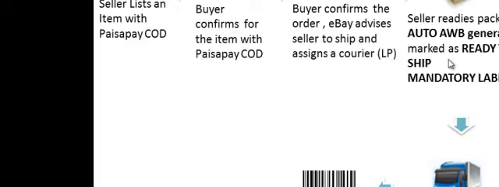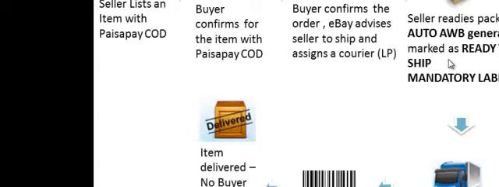Once the logistic partner has picked up the item, he informs eBay about the same and your airway bill number is updated in the Paisa Pay system automatically. Seller does not need to come back to eBay and update his Paisa Pay system for airway bill numbers.